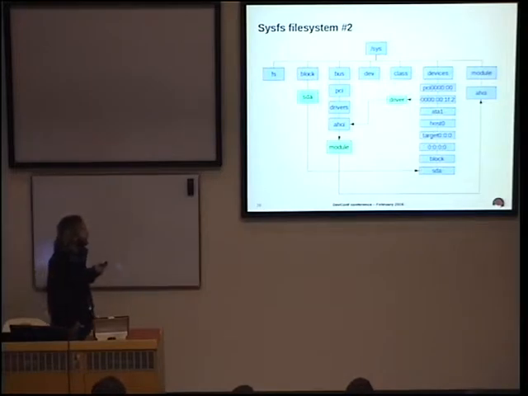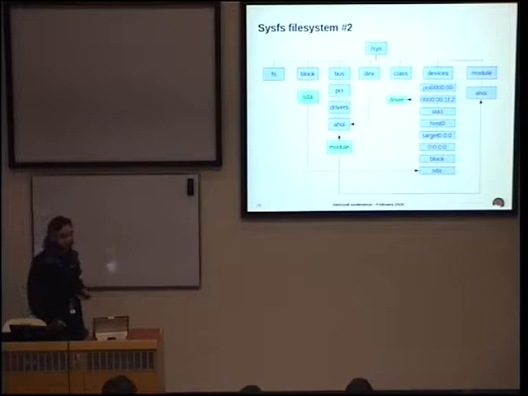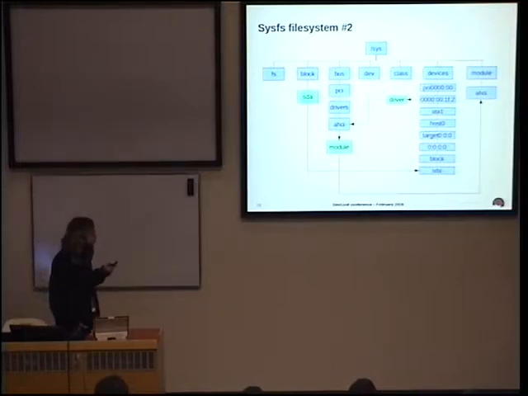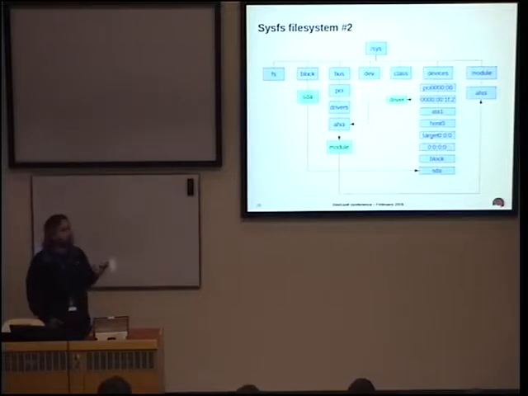We have the fs subsystem, which contains almost everything related to file systems. Every kind of KObject used inside the file systems is represented inside this directory. One of the most important directories for us here is the devices directory, which contains basically the organization of the whole hardware of the computer.